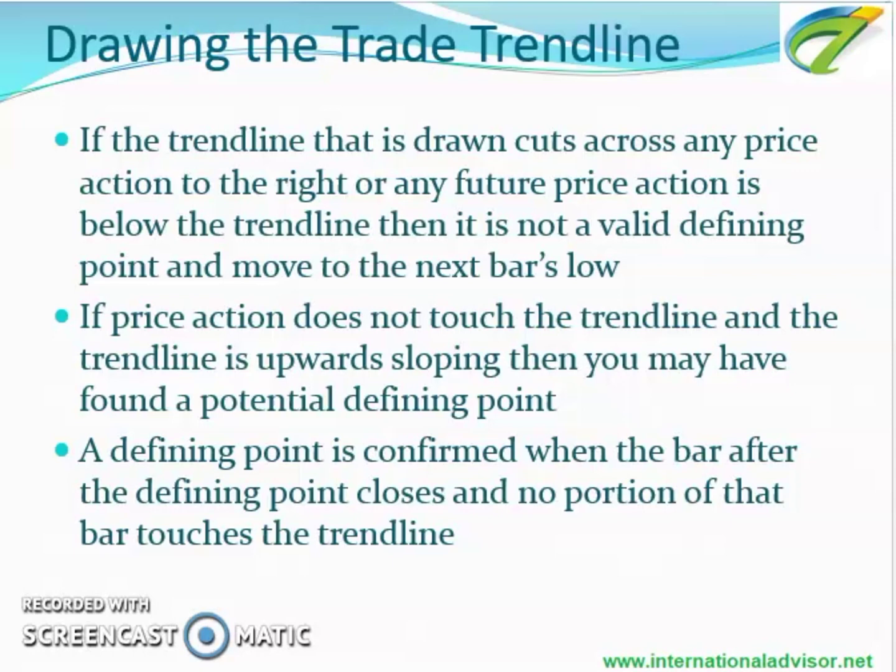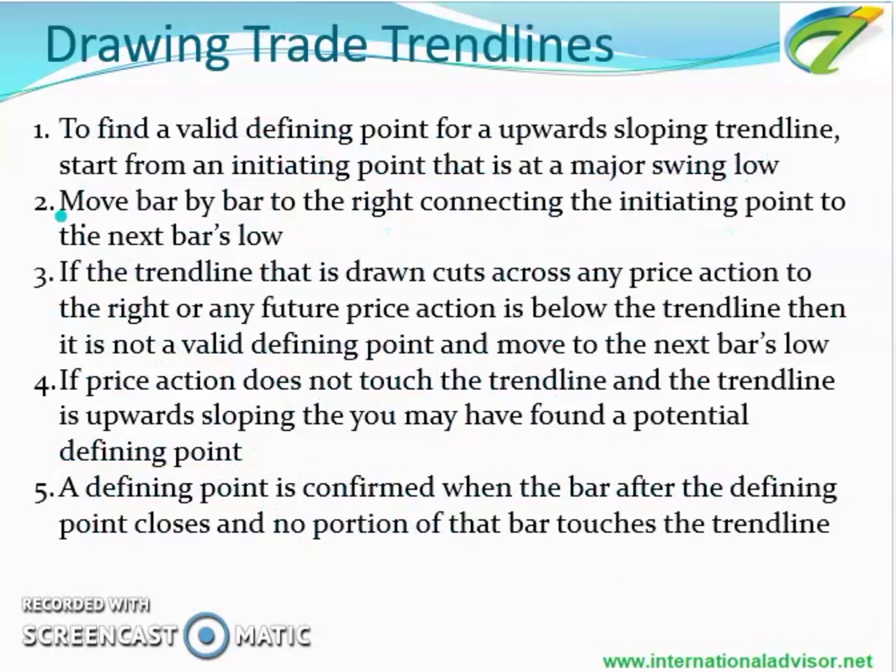If price action does not touch the trend line and the trend line is upward sloping, then you may have found a potential defining point. The defining point is confirmed when the bar after the defining point closes and no portion of that bar touches the trend line.